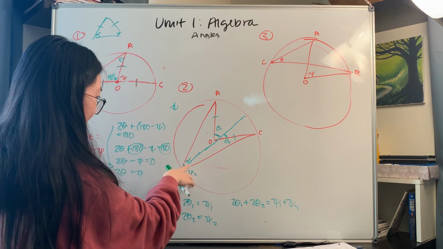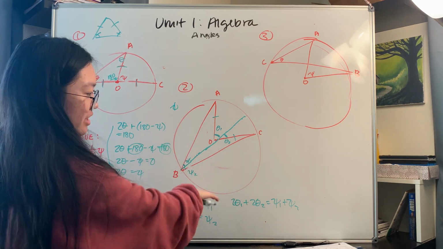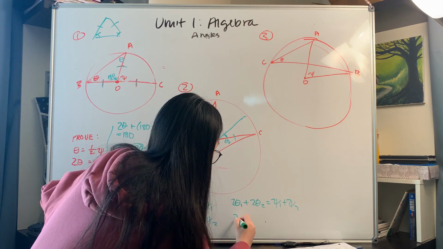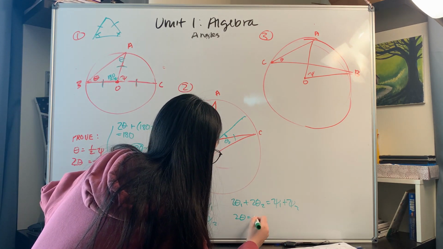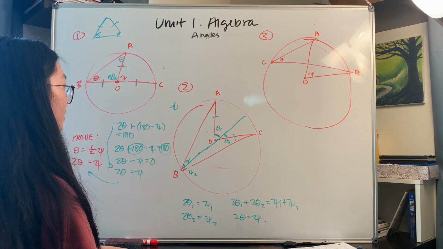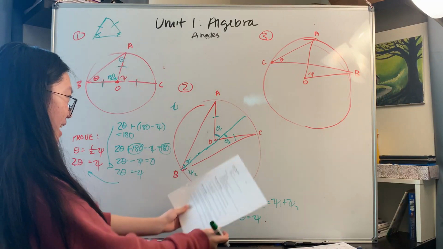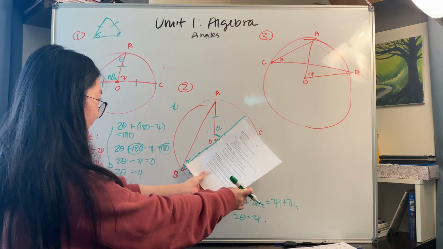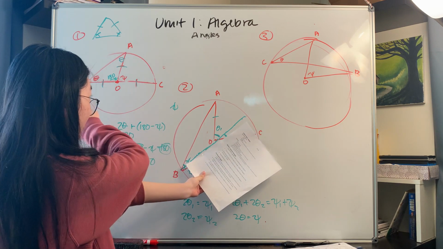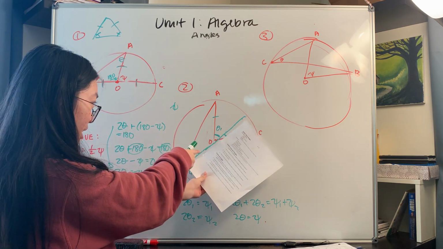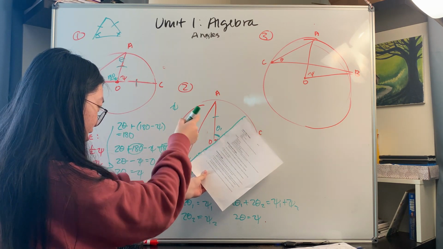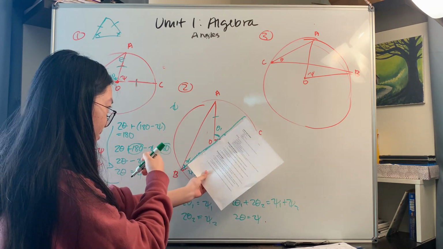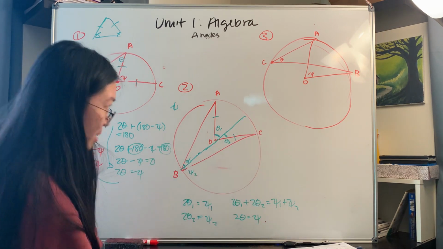We split this up into psi 1 and psi 2. But you can just add it back together, and you get that 2 times theta is equal to psi. Make sure you understand how you can visualize this and realize that you can apply what we learned here to establish these two equations. All right, so that's problem 2.